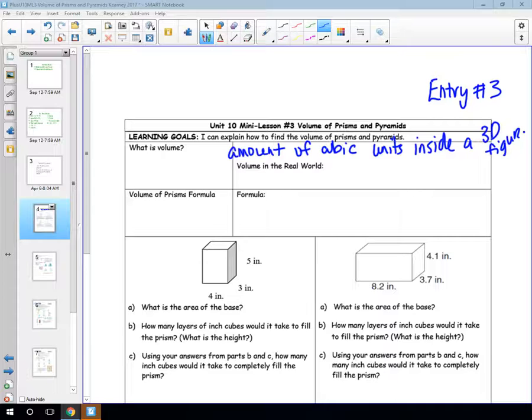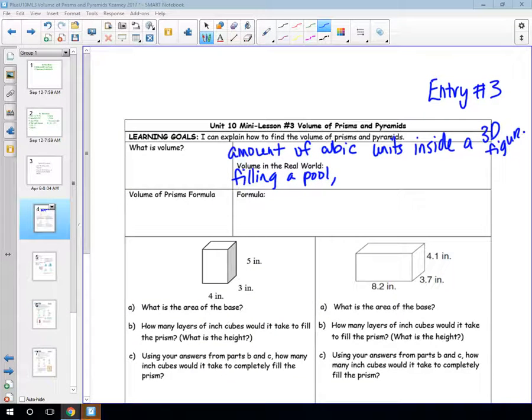So where in the real world would you need to fill something up? Where would you need to find the inside capacity of something? Well, for me, one of my favorite things about the summer is when it's finally time to fill up the pool and get it ready for summer. So finding the volume, so filling the pool.